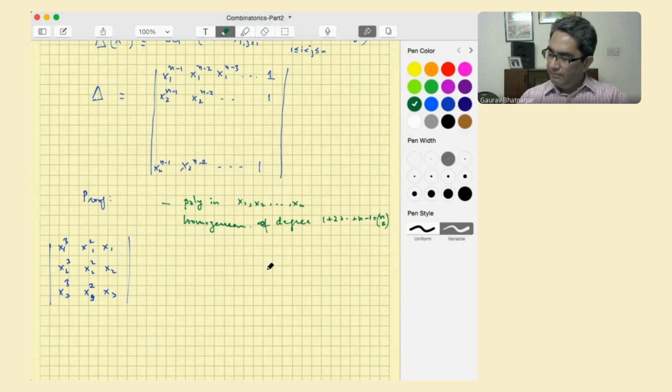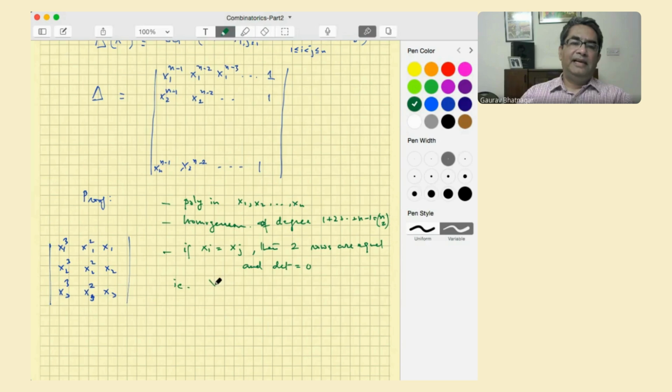Okay. And then we note that if xi equals xj, then two rows become equal and the determinant is 0.